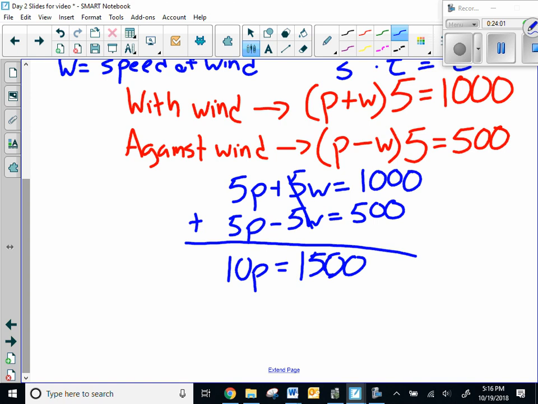And then if we solve for p, the p would be 150. So we know the plane speed now would be 150 miles per hour. And we just got to figure out the wind speed, so we plug that 150 back into one of our equations. Doesn't have to be one of the original ones. We could go to one of the ones we did over here, so I'm probably going to use this one.